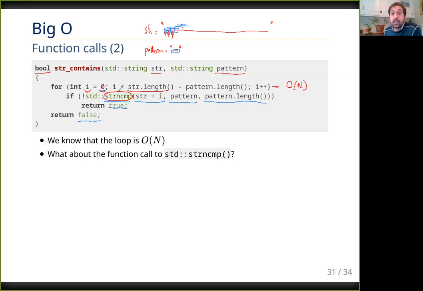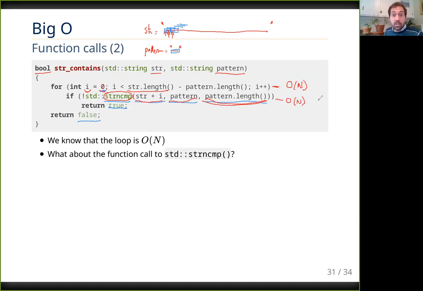What it does is that it will also try to go through the entire pattern, because that's what we're giving as a parameter. And it will try to see if every character of the pattern matches whatever is given here as an argument. And we see that the function will try to match the entire length of the pattern. So technically, that's also something that's in O of n.